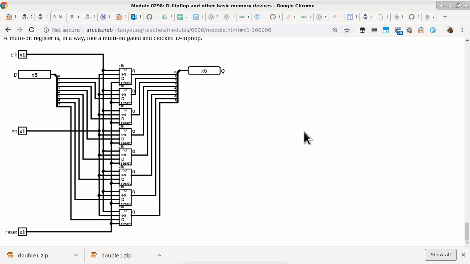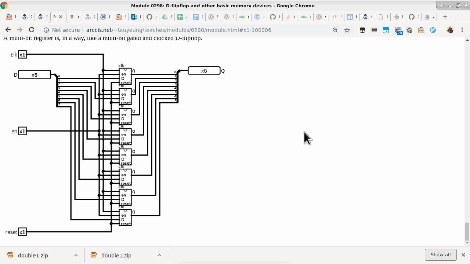But when you look at this picture, the first time you look at it and go like, wow, that's really a mess. But it really is not that big of a mess, okay? Because you can see that only the pins coming from D, or the wires coming from D, are going to individual registers only, okay? And only the Qs out of the D flip-flops are going to the output individually.